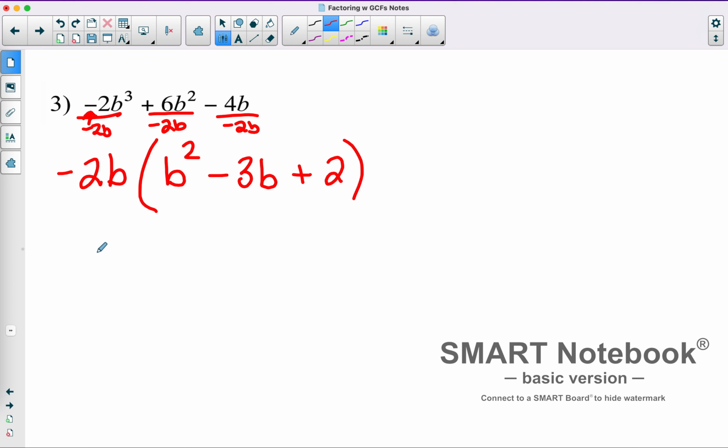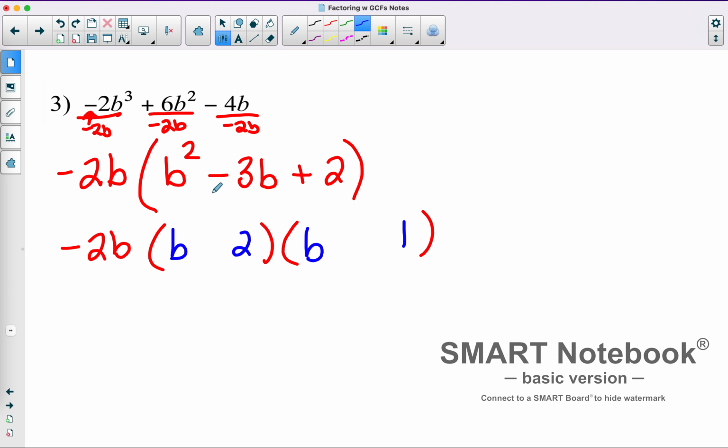This does make that easier because now that quadratic term is a positive b squared. And we're looking to see b squared came from multiplying b times b. There's only one way to get a 2. It's 2 times 1. But we need a negative 3b, and we'll see that when we check this, negative 2b and a negative 1b, kind of got ahead of myself.